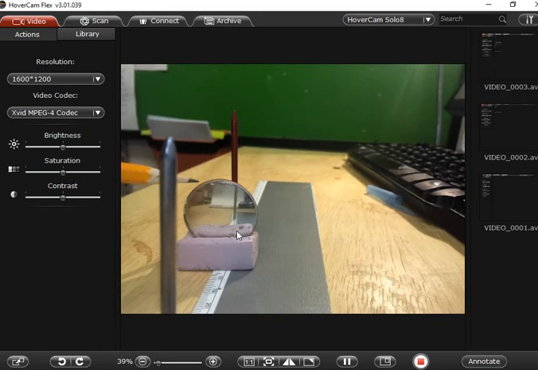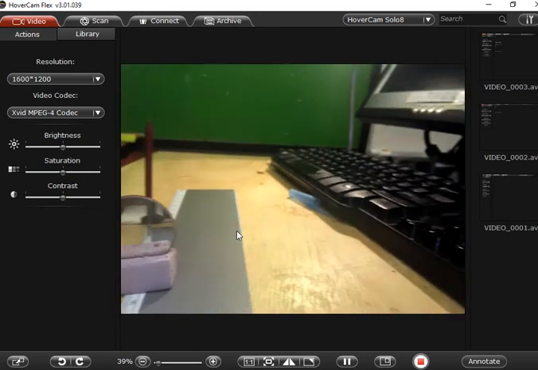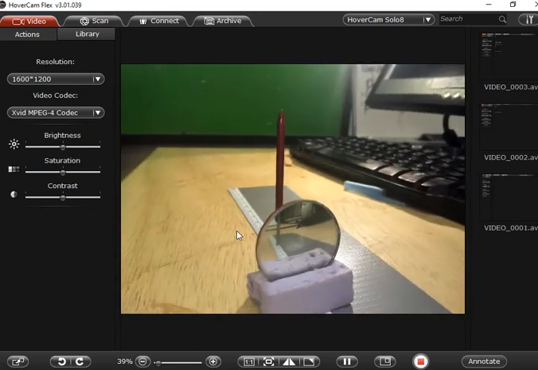We see here in the mirror the silver image, and it's lined up with the red nail behind the mirror. And then when I move for this perspective, I still see the silver image and the red nail lined up.